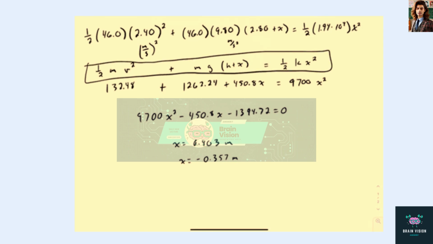So we can say, well, we know the mass of the child is 46 kilograms. The child must be initially at a height of 2.8 meters above the mattress, and the child jumps at a speed initially of 2.4 meters per second.